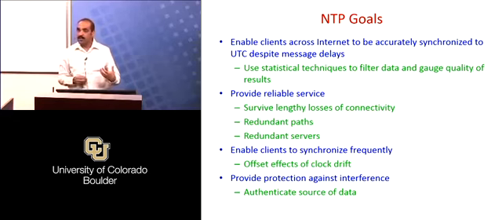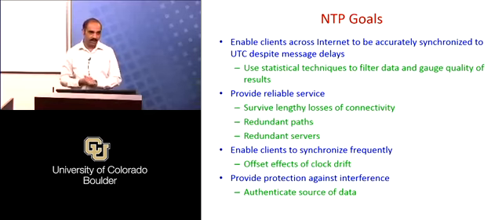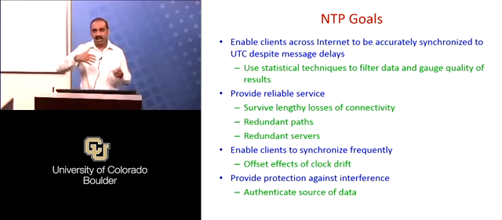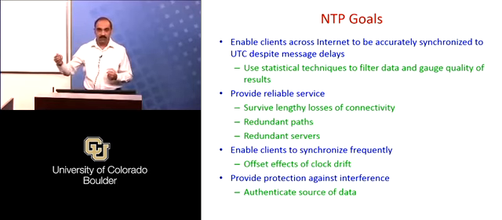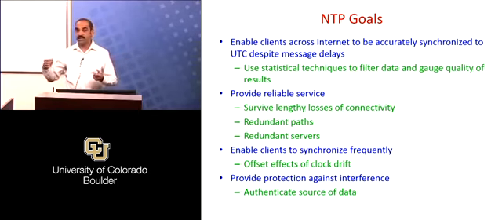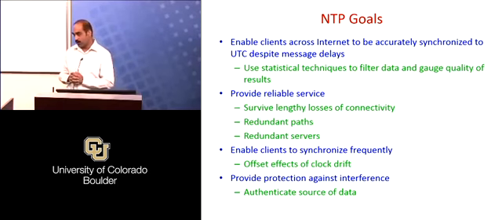The problem is that the message delays themselves are not deterministic. You don't know how long it takes for the message, and it varies from time to time. So even though the time server says the current time is so and so, you don't know exactly how much the message delay was, and it gets difficult to synchronize your clock.